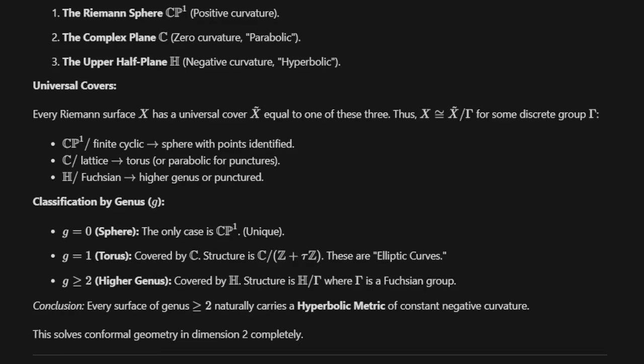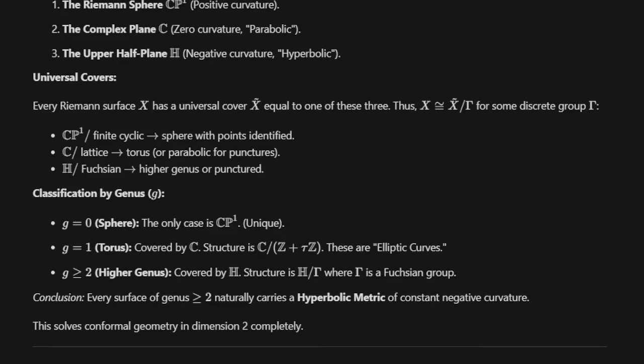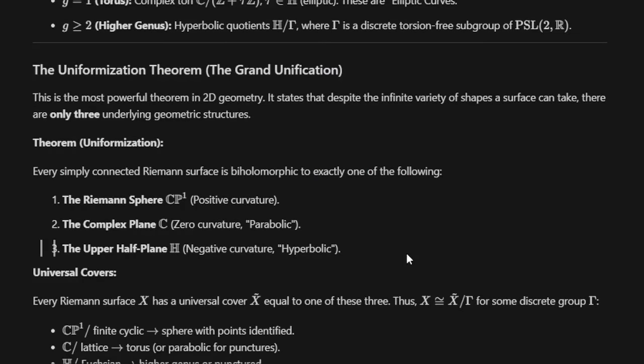And we can then have universal covers. This classifies all surfaces by their universal cover. Every Riemann surface has a universal cover equal to one of these 3. Thus, we can say that it's an isomorphism for some discrete group, whatever discrete group we want to choose.